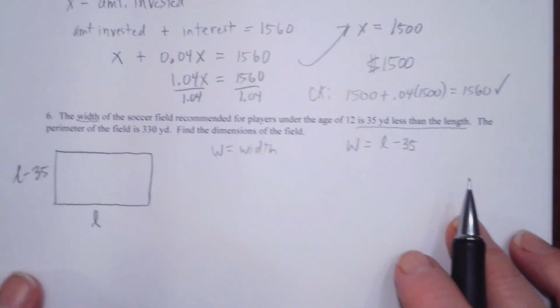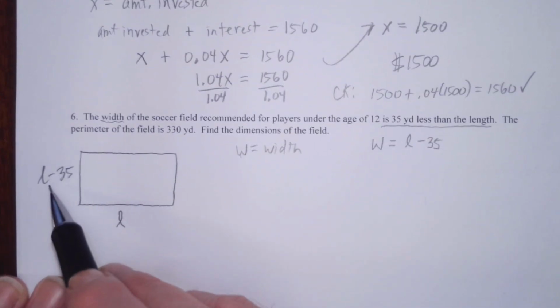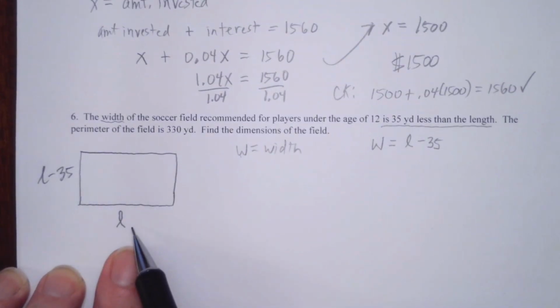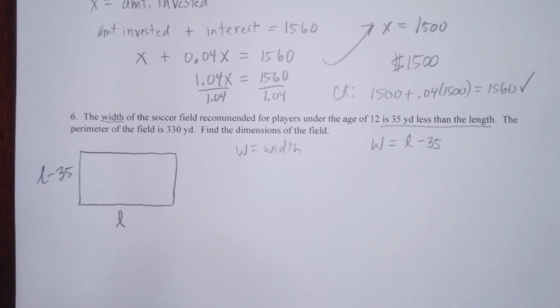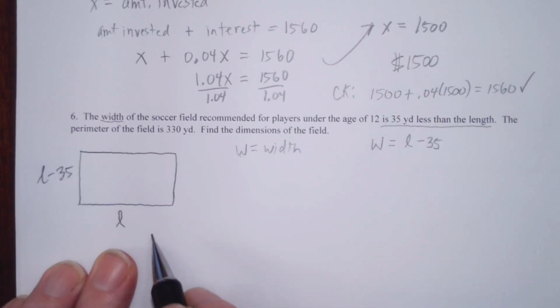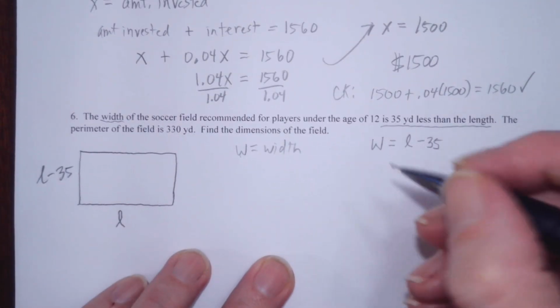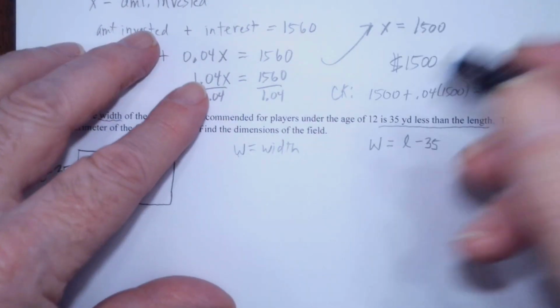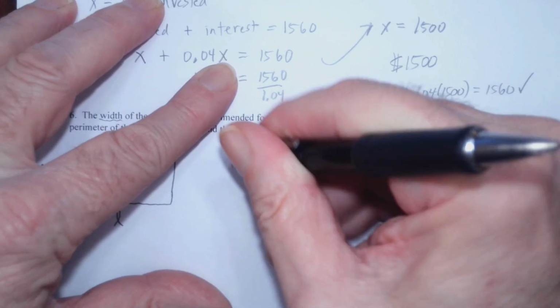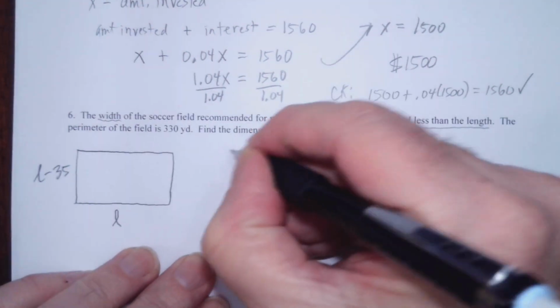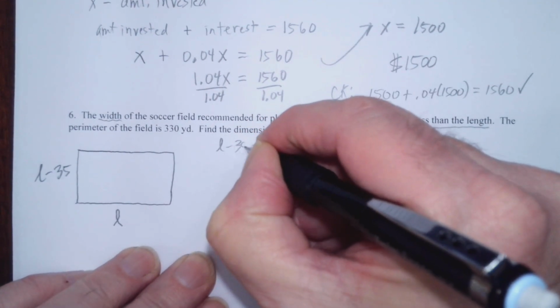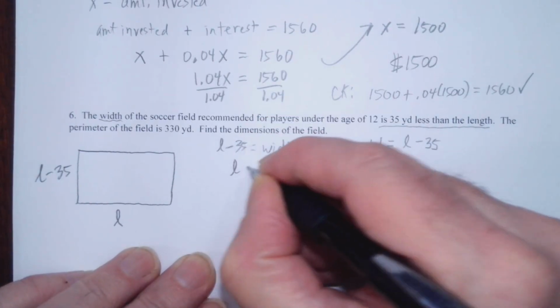So you really could label this W, and this would actually be W plus 35, so this is not the only way to do it, but because of the way it's written, this is how I've defined my variables. So W, or the width, is actually L minus 35, and the L is the length.